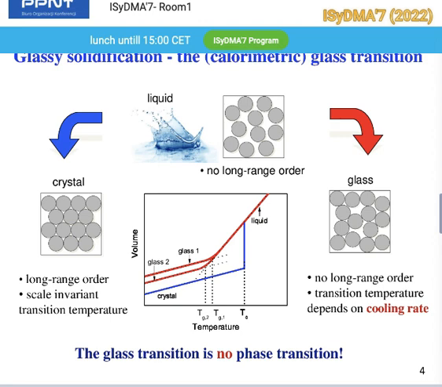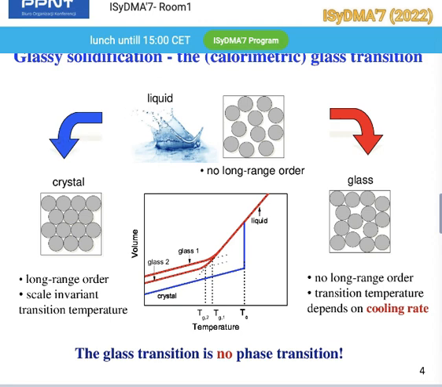If you plot, for instance, volume versus temperature at different cooling rates, then you observe two kinks which indicate the so-called glass transition.